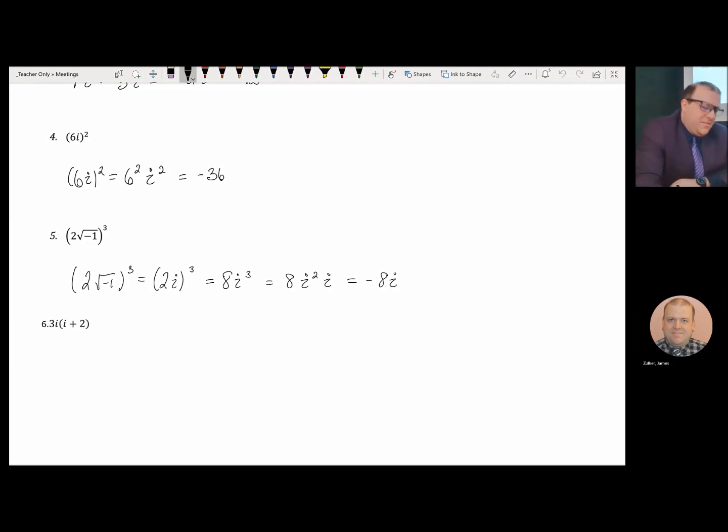How did it go from the square root of negative 1 cubed to 2i cubed? The square root of negative 1 is i, because i squared is negative 1.